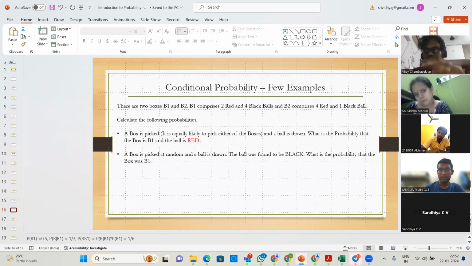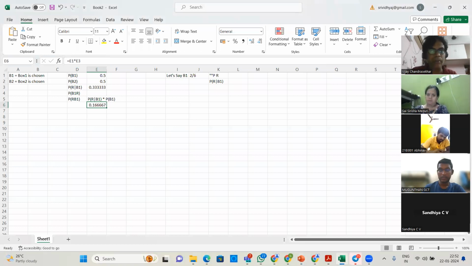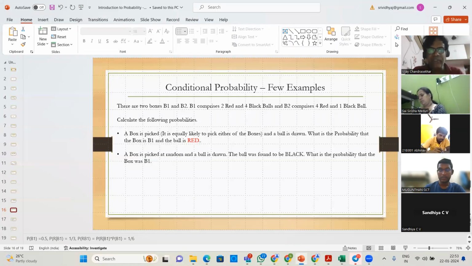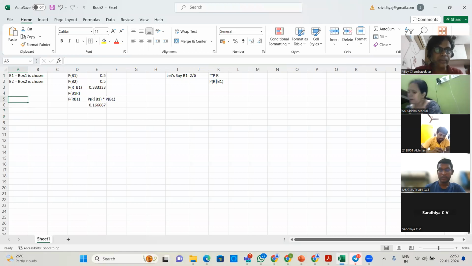So let's do this whole thing mathematically, step by step. We'll use the law of total probability, but we're already using Bayes' theorem here, though we haven't formally defined it. So what do we need? We need probability of. Now we've defined all our events.